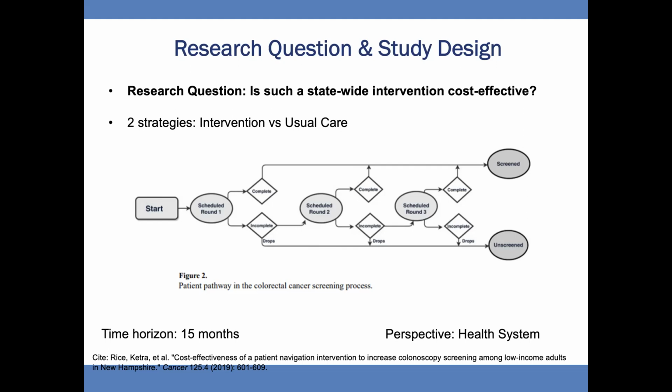And if that doesn't happen, they schedule the patient for a third time. So the nurse works with the patient, trying to engage them in this process three times. The goal of patient navigation is to minimize the number of times that the patient drops out of this process, so they try to increase the uptake of screening, okay?